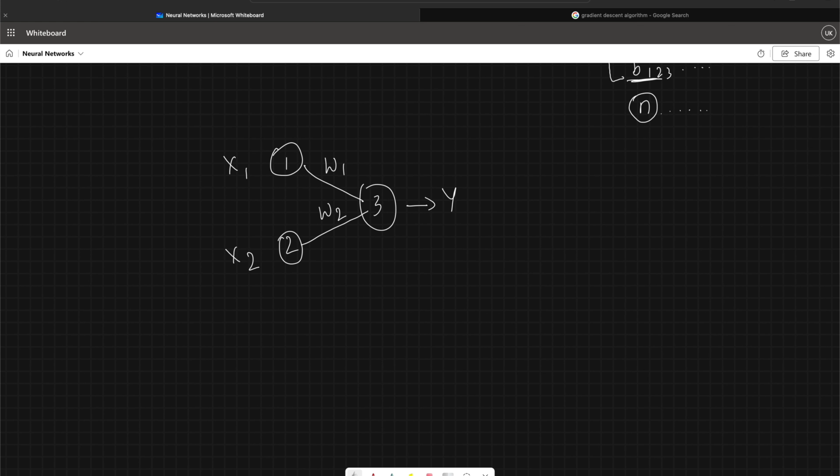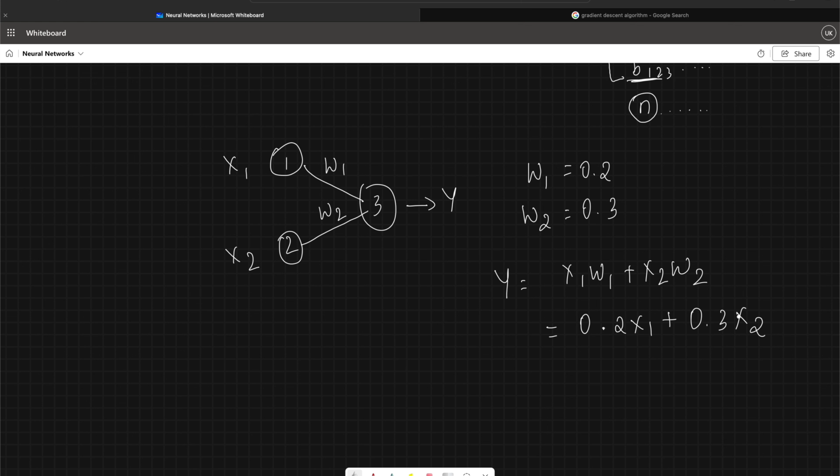Now assume I give W1 as 0.2 and W2 as 0.3. So what's the value of Y? It's as simple as X1 W1 plus X2 W2, right? So it's going to be 0.2 of X1 and 0.3 of X2.